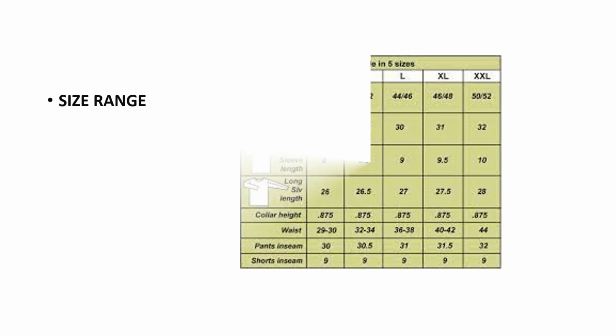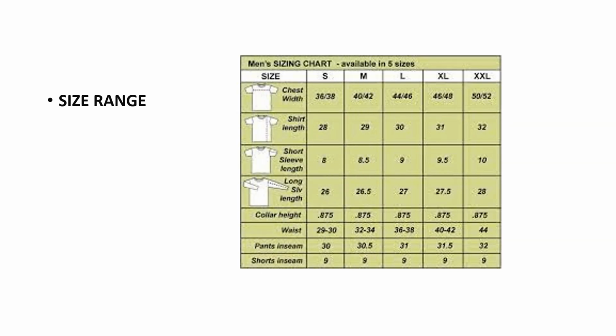its size range, what are the different sizes in which the garment has to be produced. It is small size, medium size, large size, extra large size. All these things are mentioned there, and their dimensions are also mentioned.